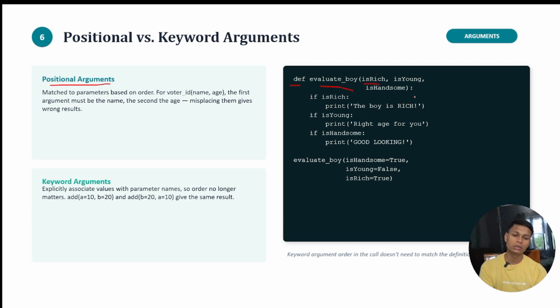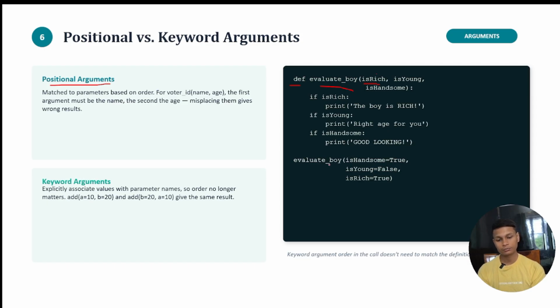It will check whether the boy is rich, young or handsome. If is_rich is true, we are going to print this. If this condition is true, we are going to print this. If this condition is true, we are going to print good looking.